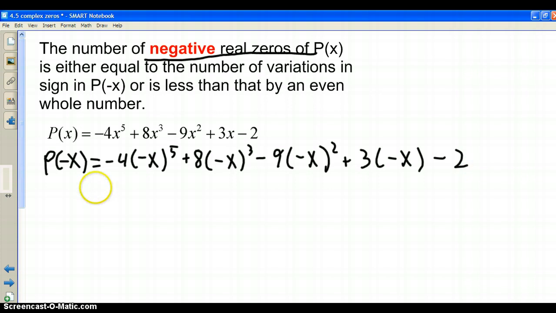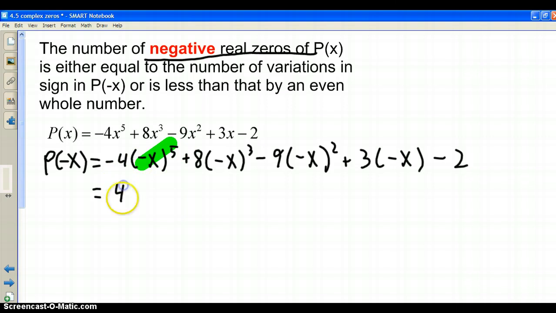So now, like we did with some of the other times, is this always positive or always negative? If you look at just the negative x to the 5th here, that's always going to be negative, right? Because a negative to an odd power is going to be negative.